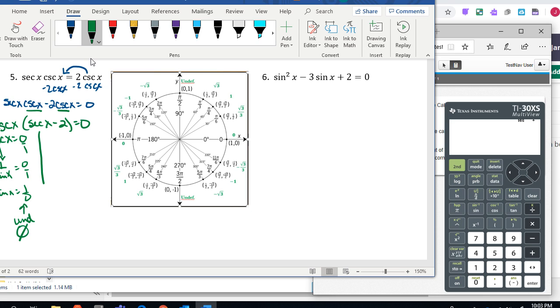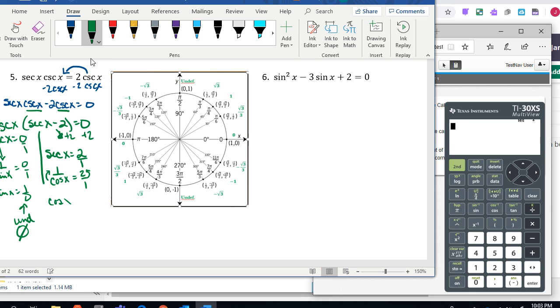That's the empty set. This side, I'm going to add 2 to both sides. So I end up with secant x equals 2. And so remember, this is over 1, and this becomes 1 over cosine x equals 2 over 1. So now I'm going to flip both pieces. These flip.